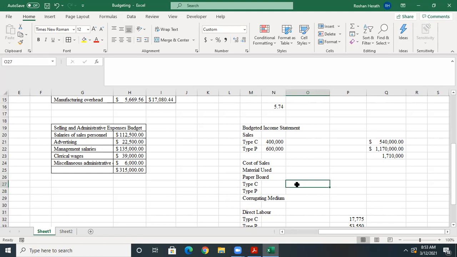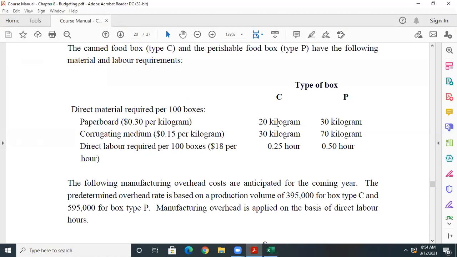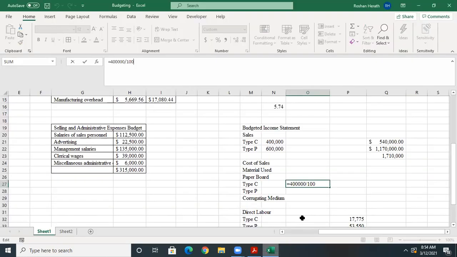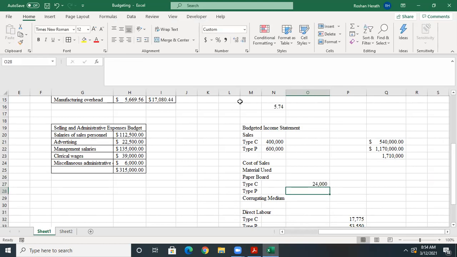For type C we need 400,000, and we sell them in 100s, so we need 4,000 packages. To make 100, the cost given is 20 kilograms, and the cost per kilogram is 0.3. So it costs us 24,000. And for P, we do the same.